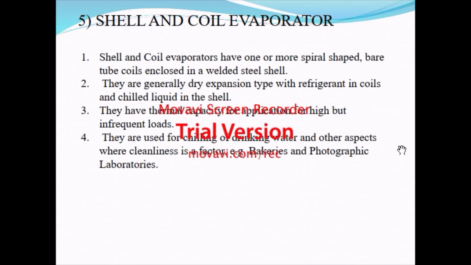They have thermal capacity for applications with high, frequent loads. They are used for chilling drinking water and other applications where cleanliness is a factor, for example bakeries and photographic laboratories, and so on.